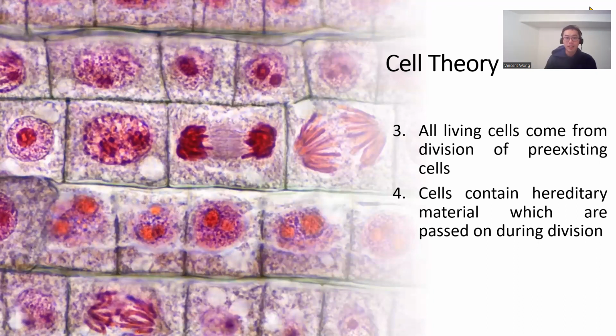Okay, so the third part of the cell theory states that all living cells come from division of pre-existing cells. No one is 100% sure where the first cell ever came from, but to get new cells, you need to divide existing cells. This picture here shows onion cells, and this cell right here is dividing. So that's one cell, and if it divides, then it becomes 2.